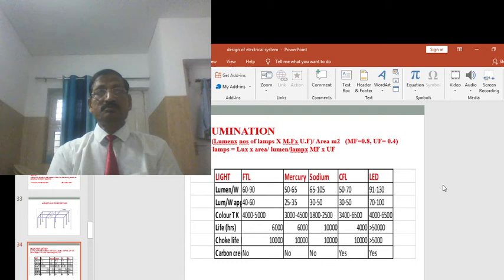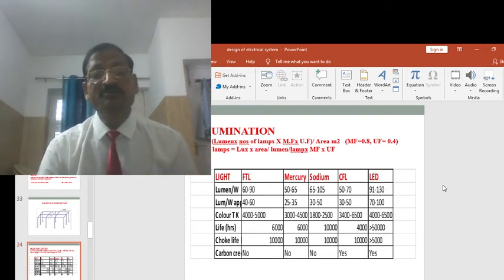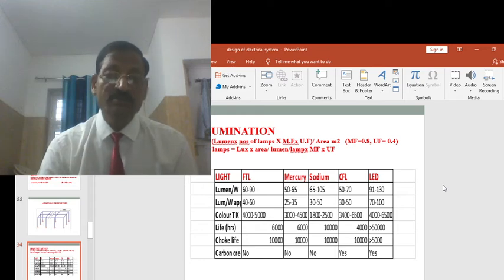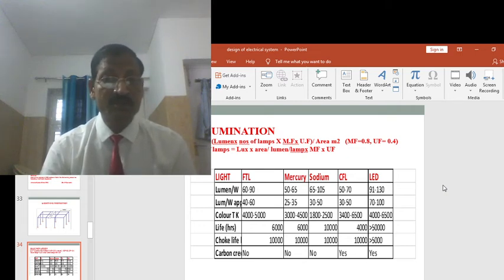Illumination. In all the buildings, we have to provide sufficient illumination, whether it's a basement area, staircase, lift lobbies, corridors, and inside the offices or apartments. We calculate based on the lux level required.